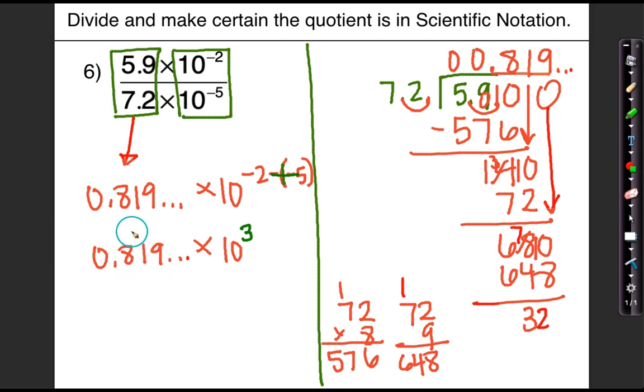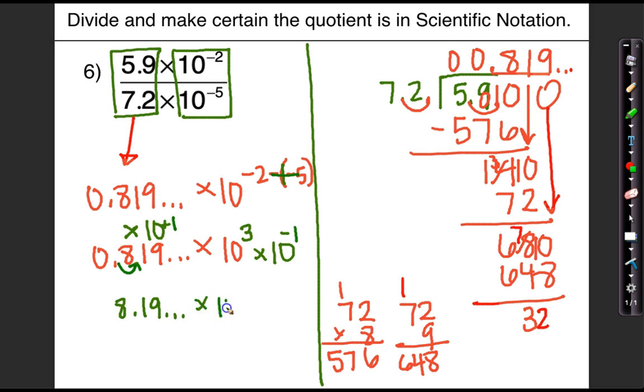What that means is we're going to have to adjust it. In this case, we're going to have to make it larger. And by making it larger, we're essentially multiplying by a positive 1. But to balance things out, we're going to have to multiply this part of it by 10 to a negative 1. So what does this leave us with?